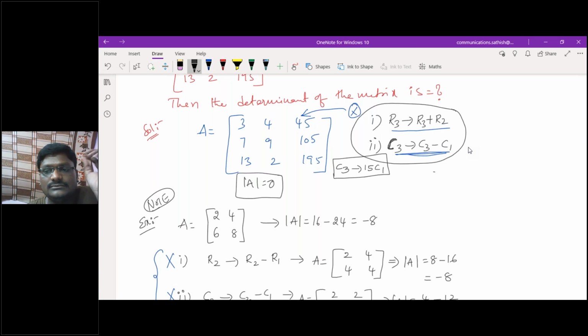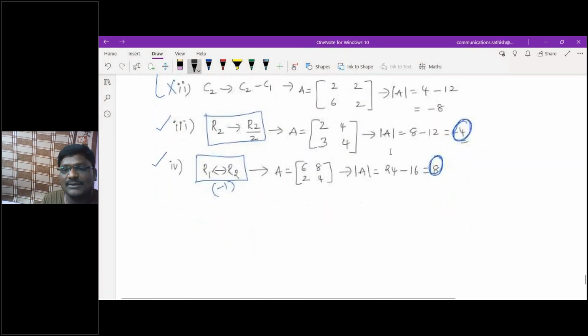Is it clear, all? Yes, sir. Yeah, so this is how you have to solve problems based on the determinant of a matrix. I hope you got some additional information on the concept of the determinant of a matrix.